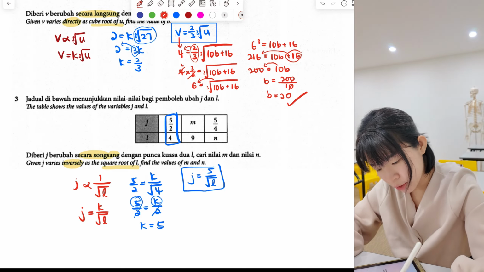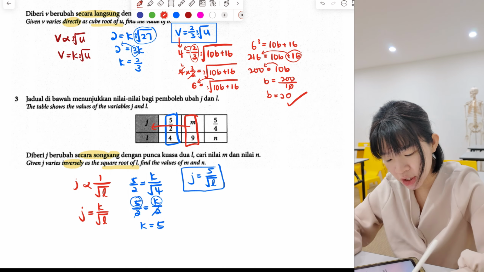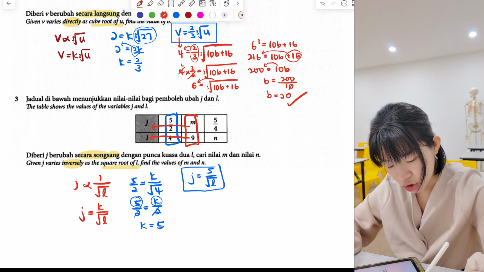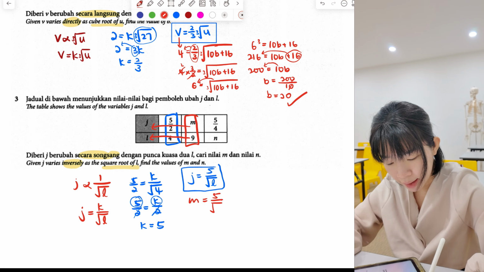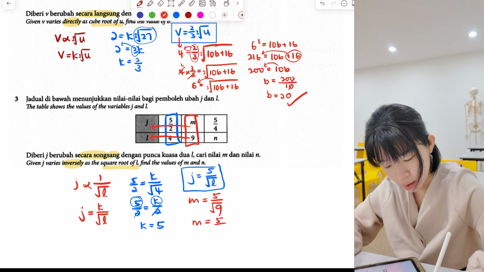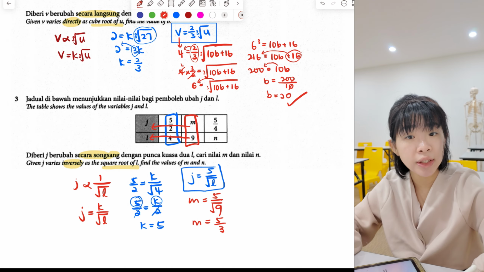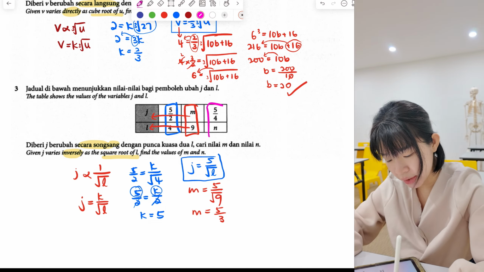To find M, we use the second set. M is J, 9 is L. So J is M now, 5 over square root L, L is 9. So M equals 5 over 3. Done, we got M. Now to find N, we use the third set of information.